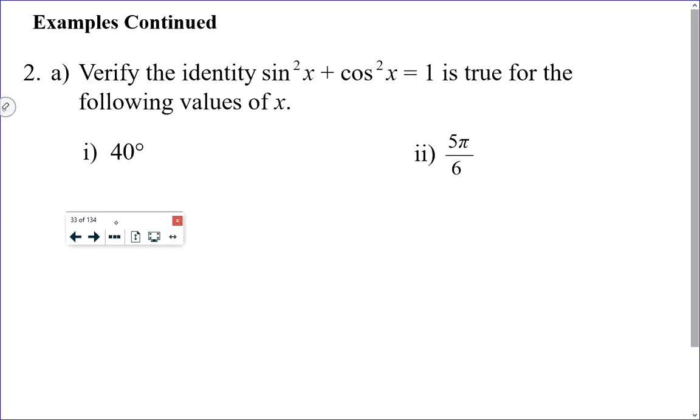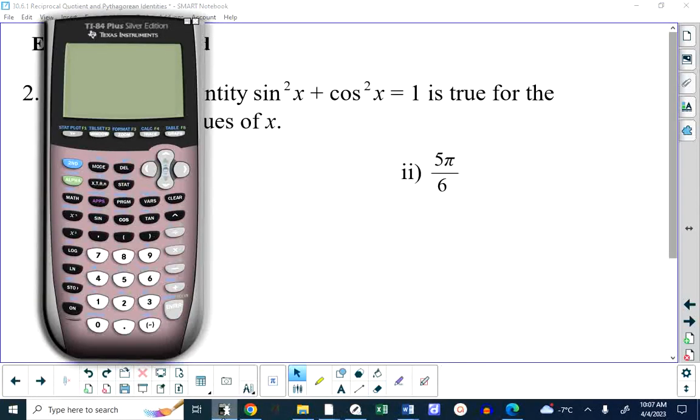Okay, so verify that this is true for these angles. Let's just take our calculator, go sine of 40 degrees quantity squared plus cos of 40 degrees quantity squared. Now, it doesn't really matter whether I'm in degrees or radians because this is an identity. It doesn't matter whether it's 40 degrees or 40 radians, but I am in degrees. I hit equals, it's 1.